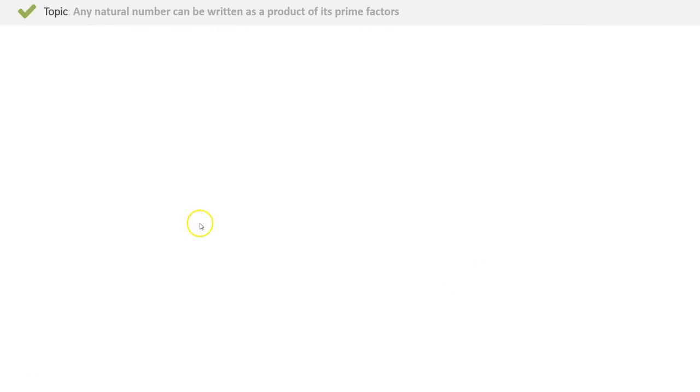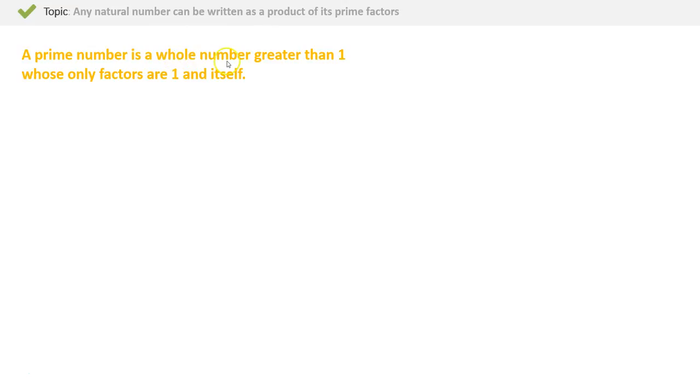So let's start with: any natural number can be written as a product of its prime factors. Remember what a prime number is first. A prime number is a whole number greater than 1 whose only factors are 1 and itself.